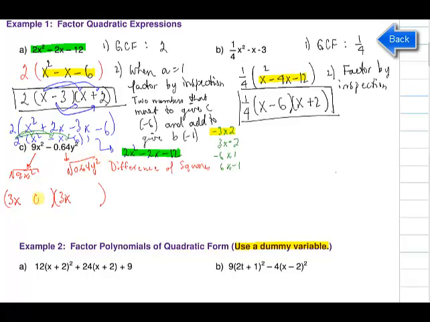Okay, and you're going to get 0.8y, so put that at the back of each bracket. And all difference of squares factor into a sum and difference. So one bracket is plus and one bracket is minus, okay? So I'm just going to make a note of that. A difference of squares factors into a sum and difference.